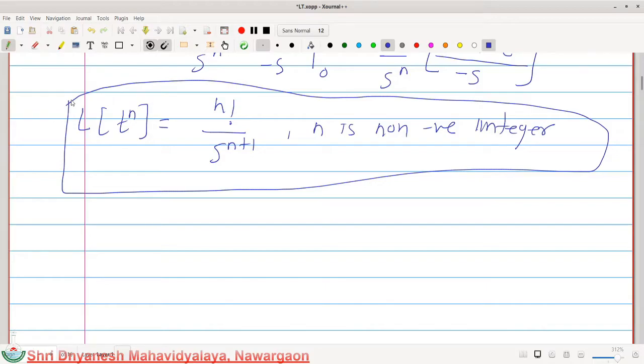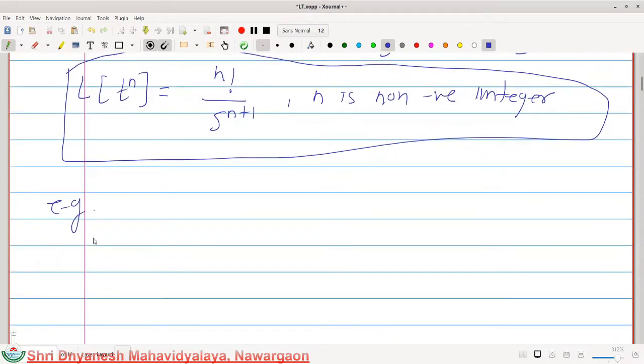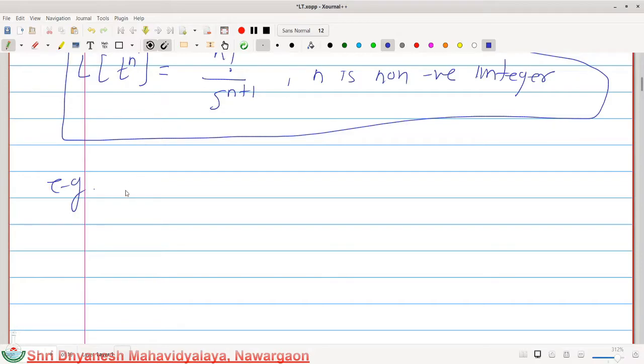Okay. So let us see some particular examples of this. As it is written here, n is a non-negative integer, so put any non-negative value of n. Example, Laplace transform of t to the power 0.